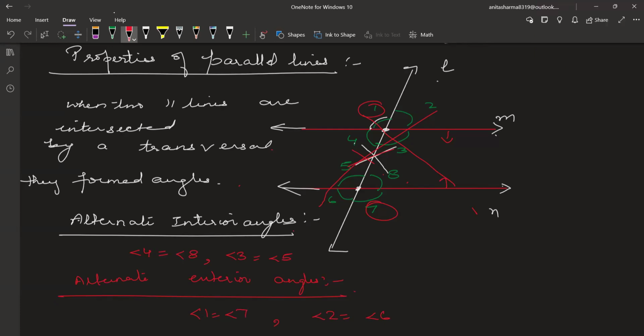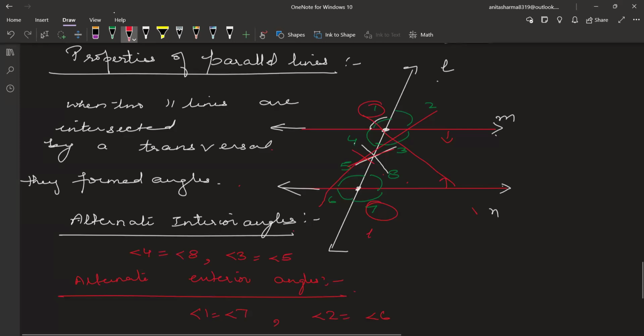Ma'am, what is the meaning of a transversal? Transversal means a line which intersects two or more lines at distinct points. Okay? Ma'am, can you repeat? Yeah, beta, see.